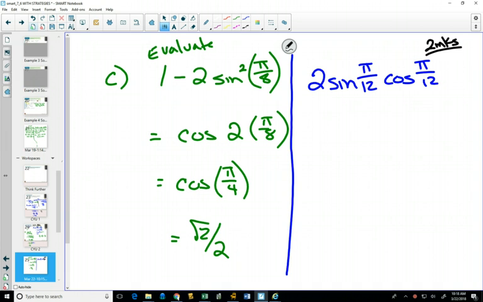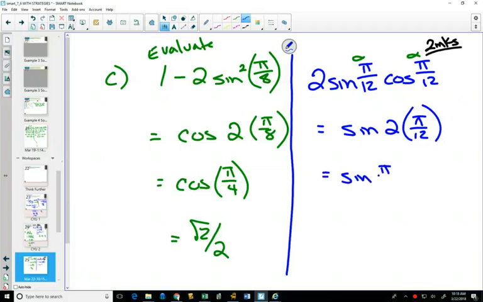Whereas in this one, if you say, hey, we have a formula for 2 sine alpha cos alpha, it's equal to sine 2 alpha. And if I multiply 2 times pi over 12, I just get pi over 6. And sine of pi over 6 is 1/2.